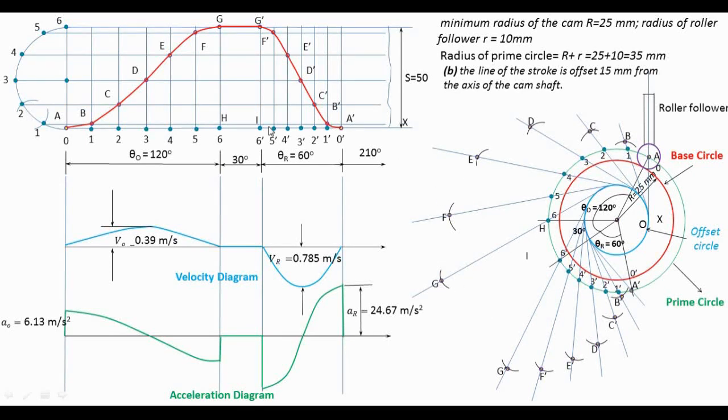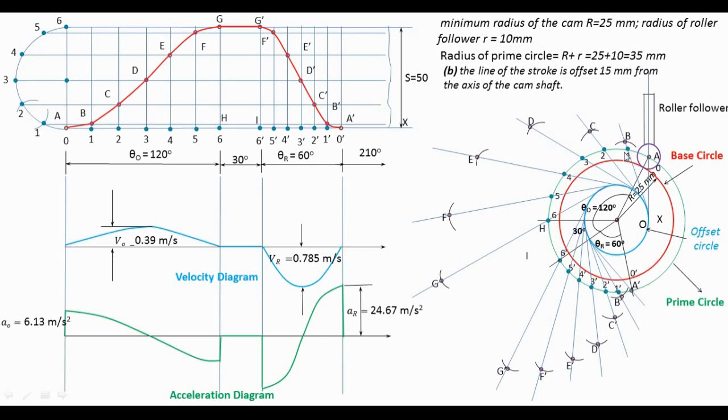So next, what we did in the last slide, we drew a circle of radius equal to the radius of the roller from every point. I am going to do the same thing here. So let us draw a circle of radius equal to the radius of the roller from points B, C, D, E, F, G, and similarly from points G dash, F dash, E dash, D dash, C dash, B dash, and A dash.